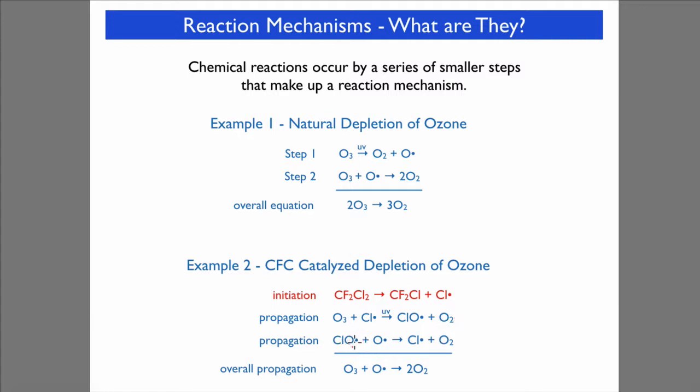This chlorine oxygen free radical then reacts with an oxygen free radical to give a chlorine free radical and oxygen. But if you did the overall reaction, we'd get ozone reacting with the oxygen free radical to give us 2 oxygens. And so you've got 2 different reactions and different mechanisms that take part in said reactions.